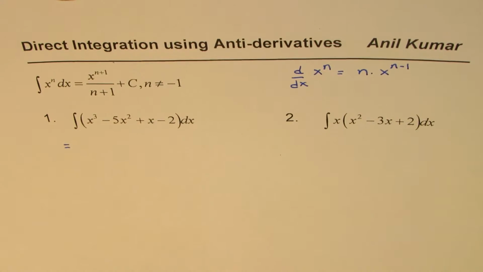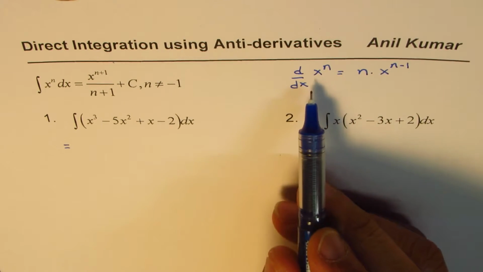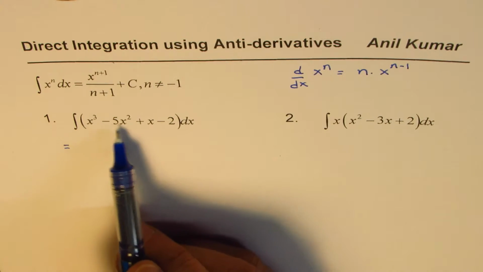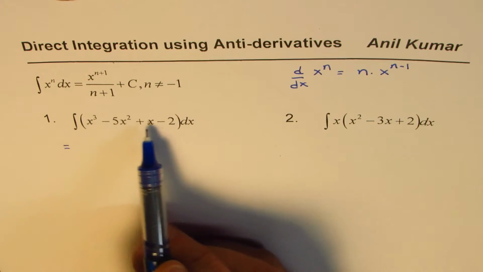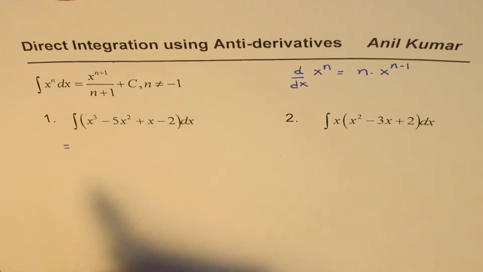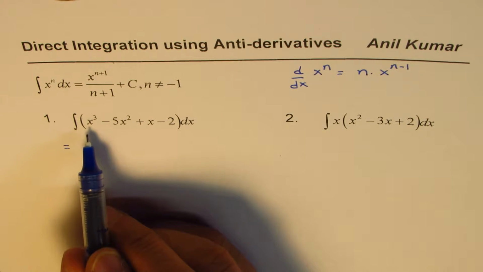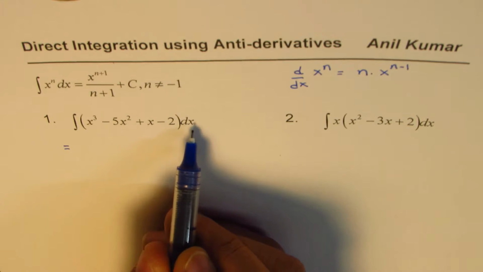Now we'll also apply the properties of integrals along with these formulas. Properties are similar to the ones which you learned for derivatives. That is, the integral of a sum or difference is the sum or difference of the integrals, and if there is a constant, you can always multiply by the constant, correct? So to begin with, we have to integrate the function x cubed minus 5x squared plus x minus 2 dx.